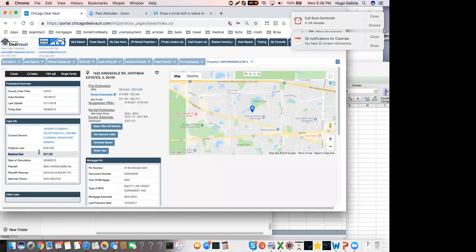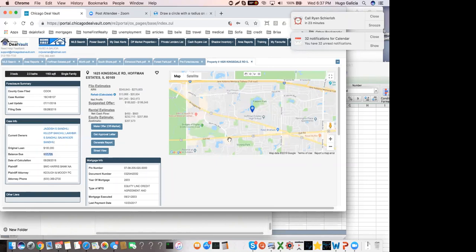The owner only owes $17,000. Can you believe that? So they're in pre-foreclosure because they only owe $17,000. So they can eventually lose this home just because they owe $17,000 on the property. So this is huge, friends.